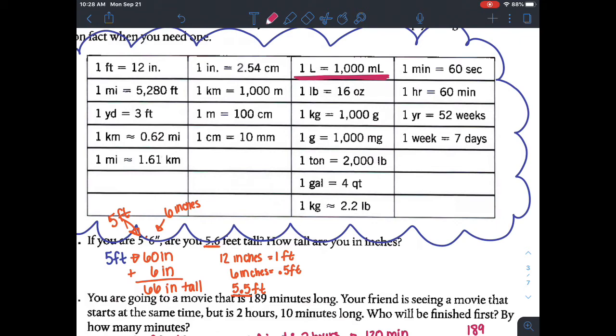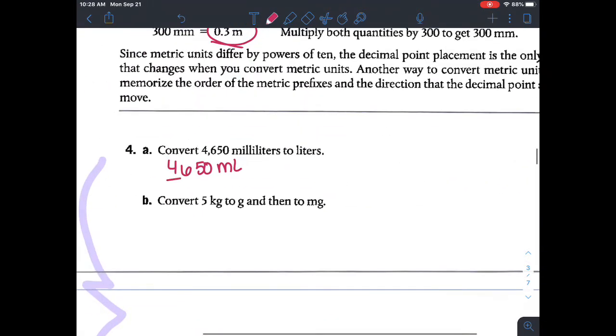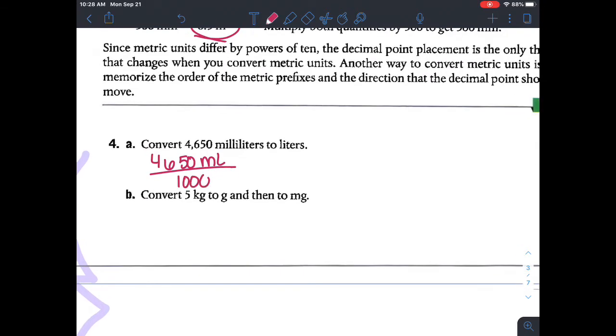There's 1,000 milliliters in 1 liter. So it takes 1,000 tiny little milliliters to equal 1 liter. So I'm going to divide by 1,000 to get to liters. When I divide that, I get 4.65 liters.